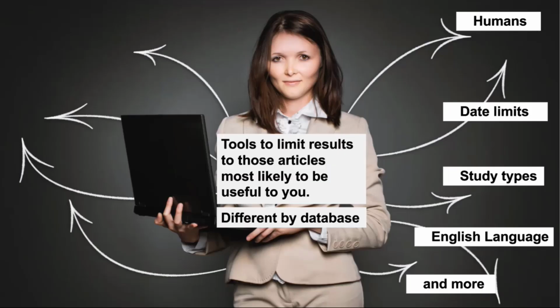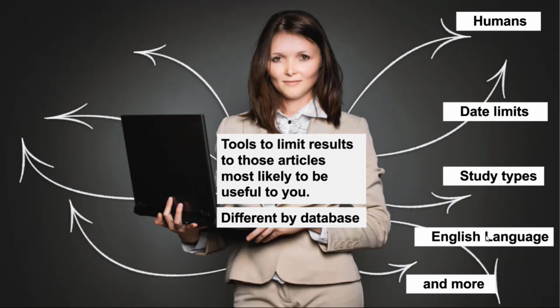So there's almost always a filter for humans to get rid of animal studies. There's always a date limits filter, so that if you really only need to see articles from the last 5 years or the last 10 years, you can do that. There's usually some form of study types filters. So if you want to only find RCTs, there's usually a way for you to do that using a filter.